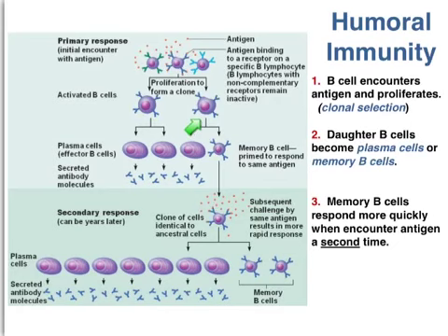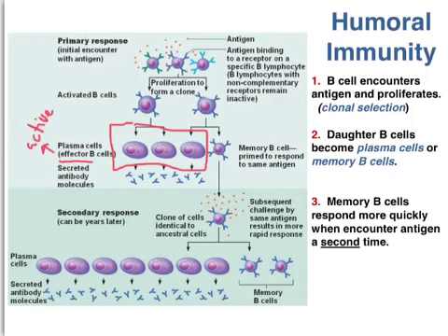Now, the majority of these B cells are going to become what are called plasma cells, and plasma cells are the effector B cells. And by calling them the effector B cells, that just means that they're the actual active B cells. And plasma cells are the antibody-making factories.